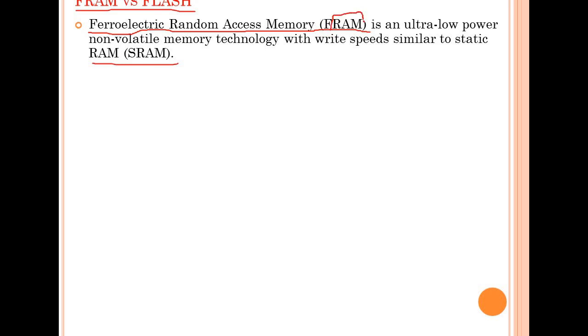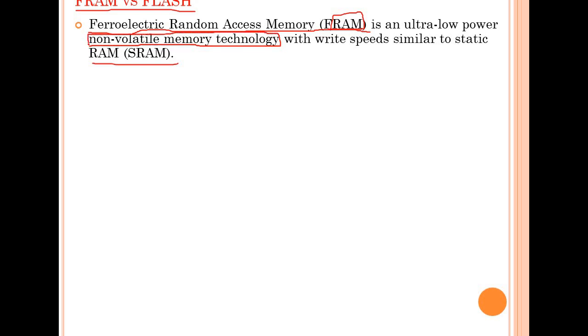Generally you know RAMs are volatile memories, that means RAM will lose its contents when there is no power. But the speciality of FRAM is that it is a non-volatile random access memory, which means it can retain its contents on loss of power also.